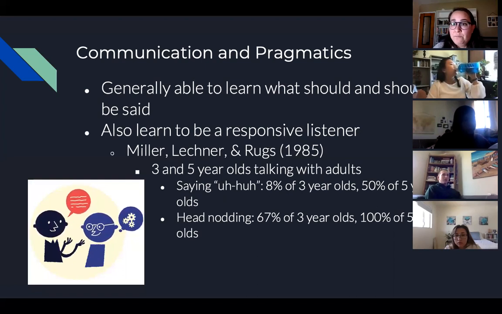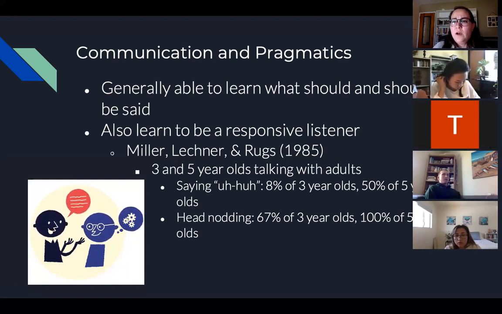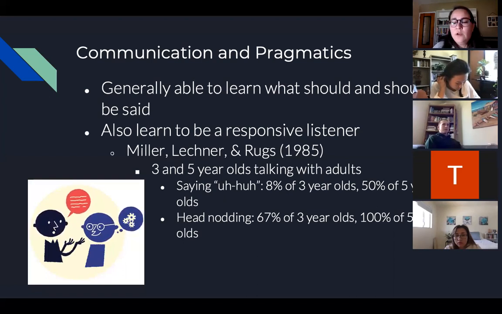Also, in the moment they might be really mad, but they realize, okay, maybe it's not okay for me to call him a butt face, even though I want to. So again, we see this growing of both perspective taking and empathy building during this time.